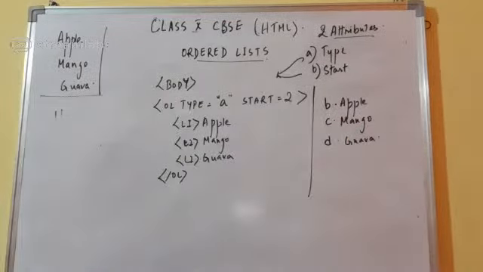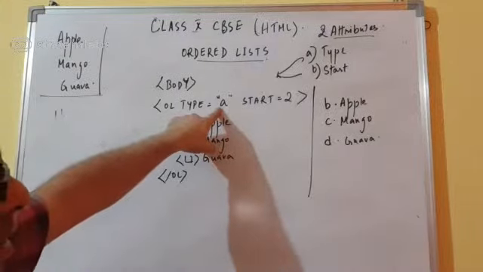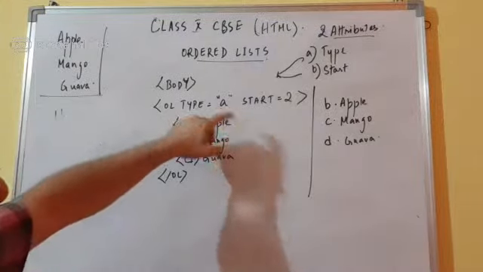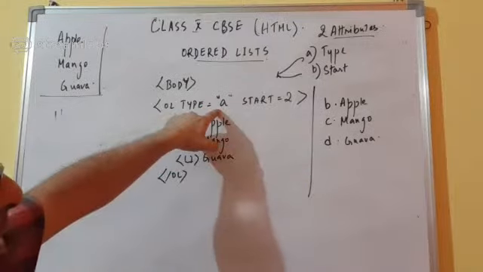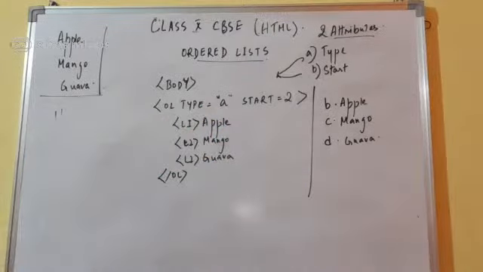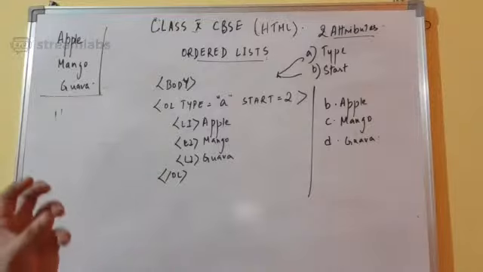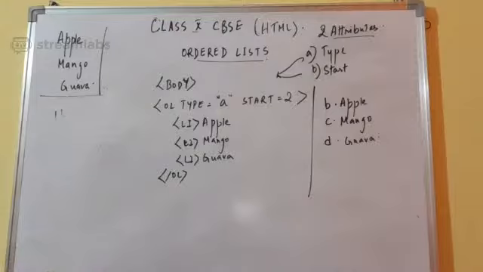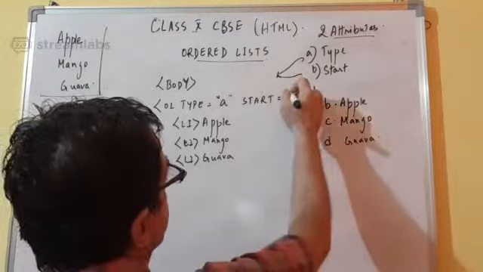Why did it happen this way? Because I wanted the listing to take this particular format only: A, B, C, D, small a, small b, small c. But start equal to 2 means instead of starting directly with A, it will start with the second one, that means B. What if I had inputted 5?